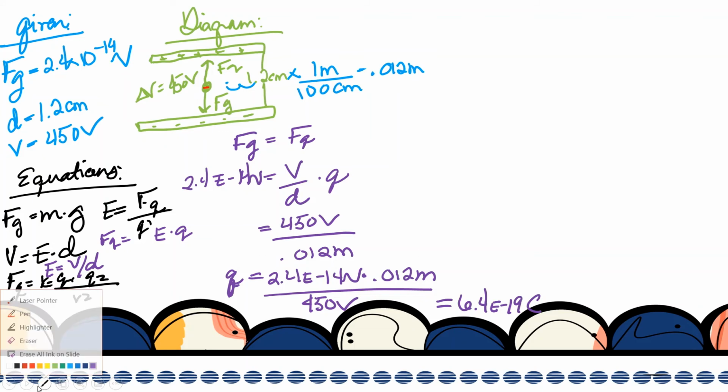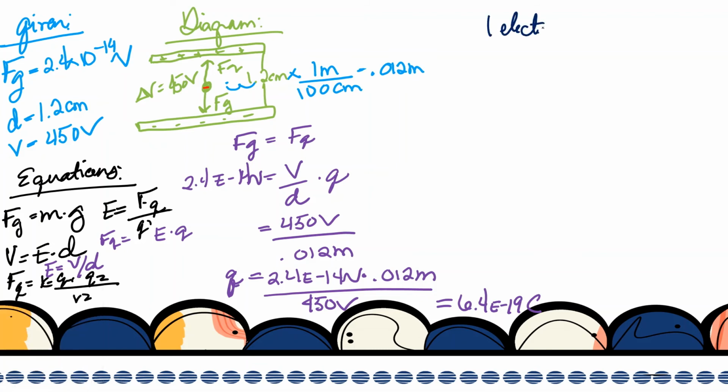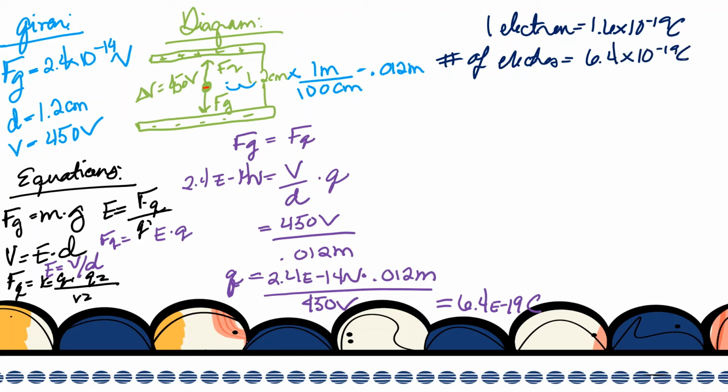And then I want to know how many excess electrons are on this charge. And so one electron has a charge of 1.6 times 10 to the negative 19 coulombs. So the number of electrons is going to be 6.4 times 10 to the negative 19 coulombs divided by 1.6 times 10 to the negative 19 coulombs.